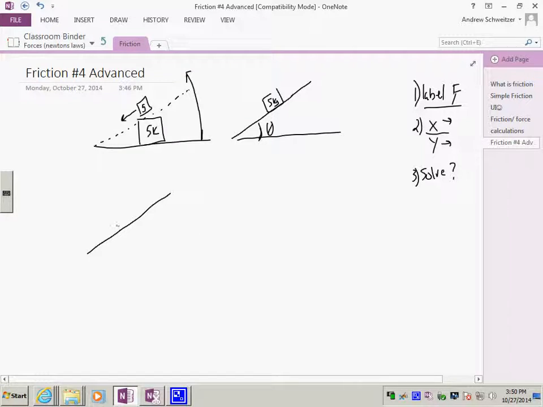So we have a 5 kilogram box here, and what all is going on? Well, I have my force of gravity that's pulling down. In this case, I'm going to draw my components right away. Because I'm not in line with gravity, I have a component this way, which I'm going to call my X direction. This is my Y direction, just FYI, so you know what I'm looking at here.